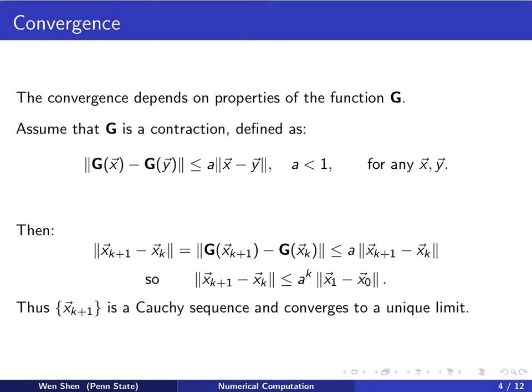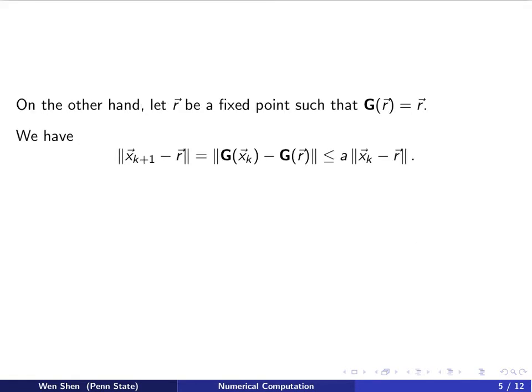And next, we need to show that this limit is the fixed point. Let r be a fixed point such that g of r equals r. We now compute the distance between xk plus 1 and r, measured in the norm.